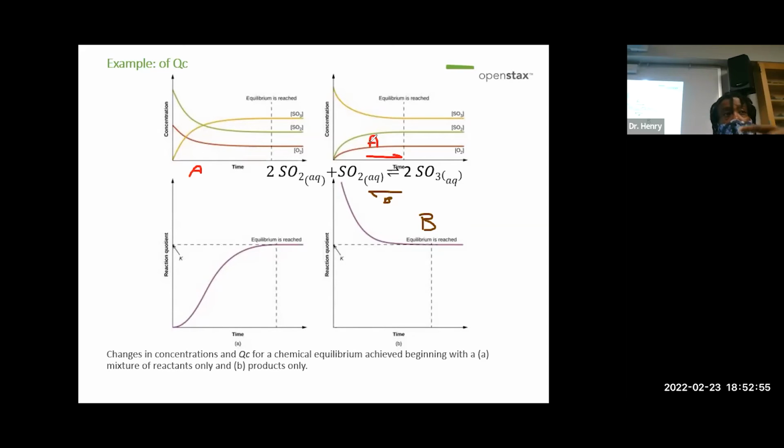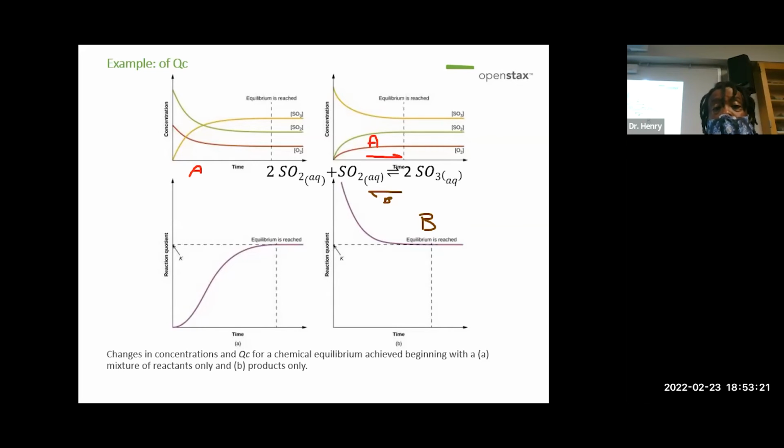Yes, so the rate is always going to be the same at equilibrium. At this point here, that's where equilibrium is reached, and the rate is exactly the same. That's right, equilibrium is matching rates, not concentration. Does that make sense?